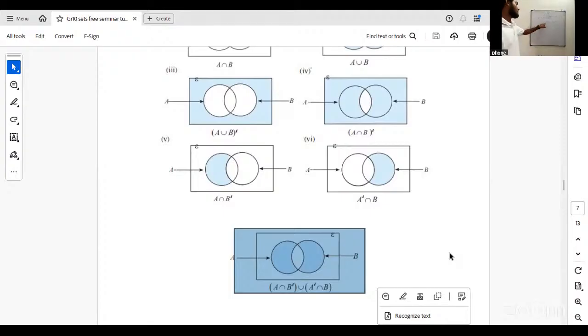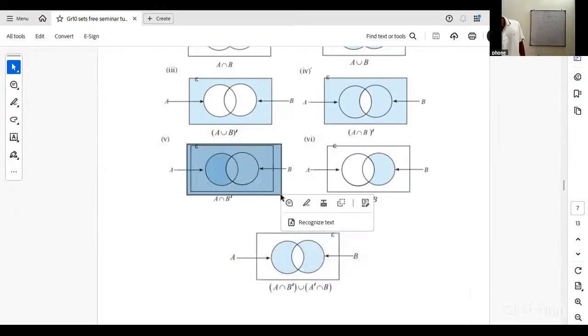So here we have A and B as elements. A and B. So we have A, B. This is B. Now let's take A intersecting B dash. A intersecting B dash means this range, right? A intersecting B dash range is this one, this fifth one.